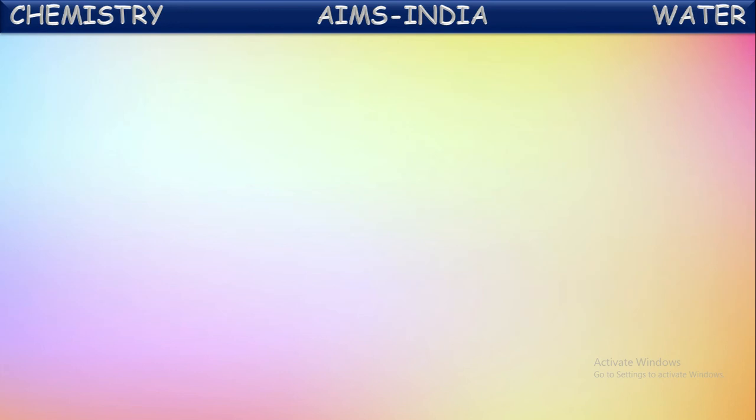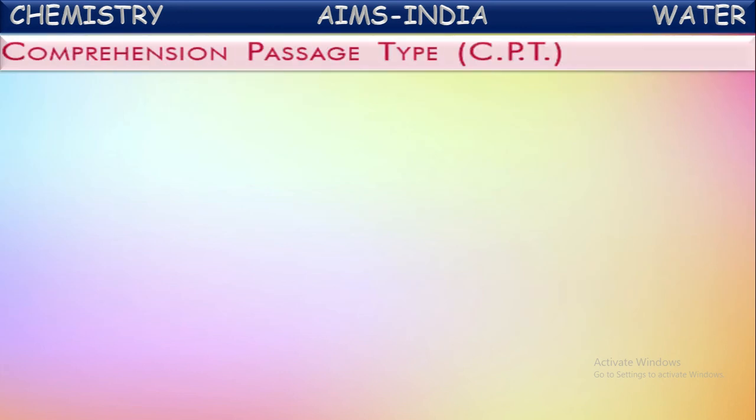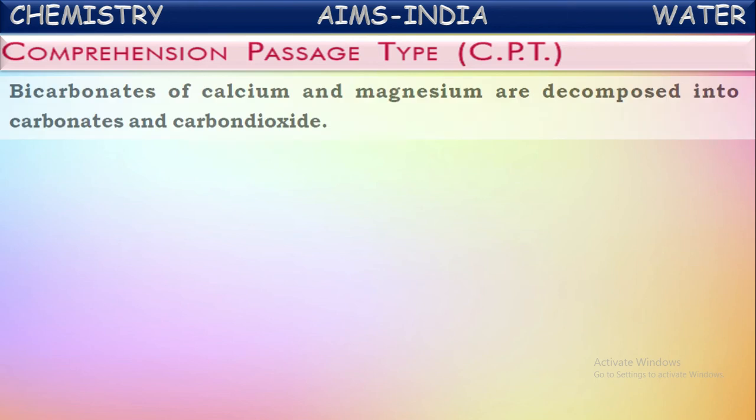Okay. Next. Now let us see the comprehension passage type questions. Here we are going to give a paragraph passage related to this chapter. Based upon that, we are going to see some questions. First, let us see the paragraph given. Bicarbonates of calcium and magnesium are decomposed into carbonates and carbon dioxide. So, where do we get this actually?